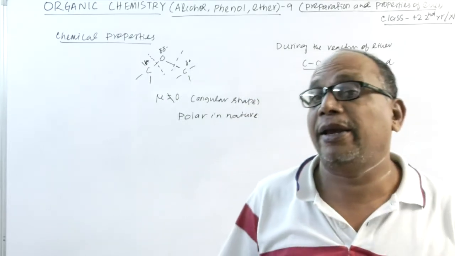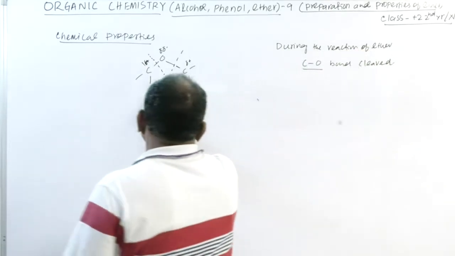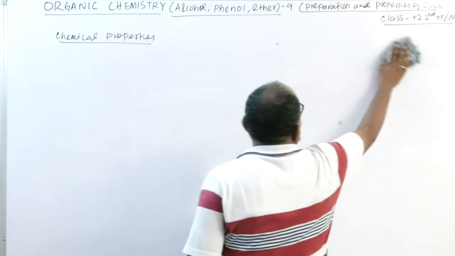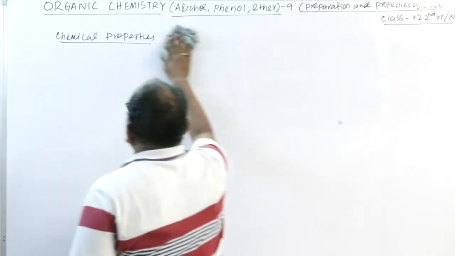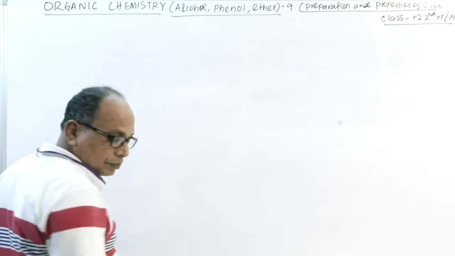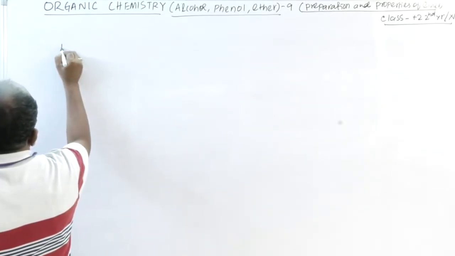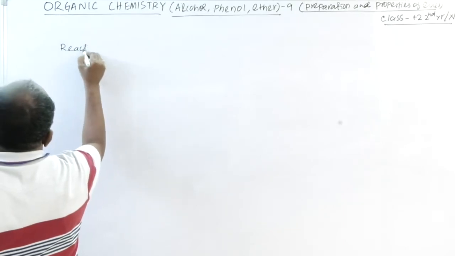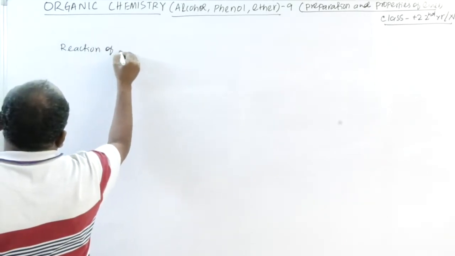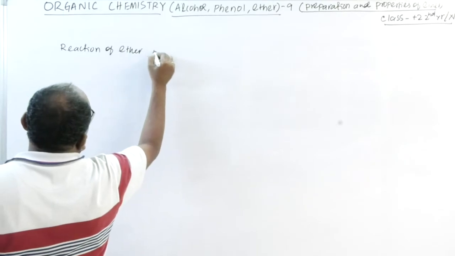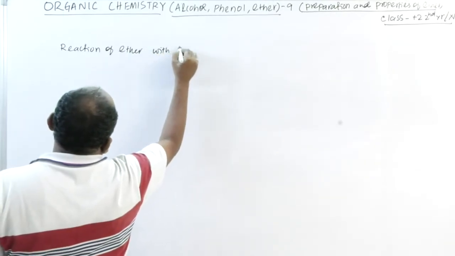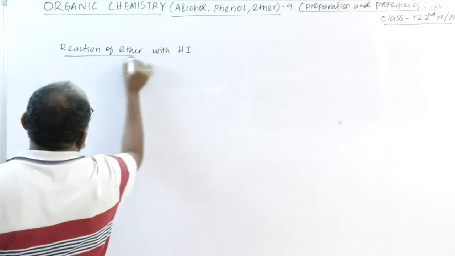So we will discuss the reaction of ether with HI, that is, reaction of ether with hydrogen iodide.